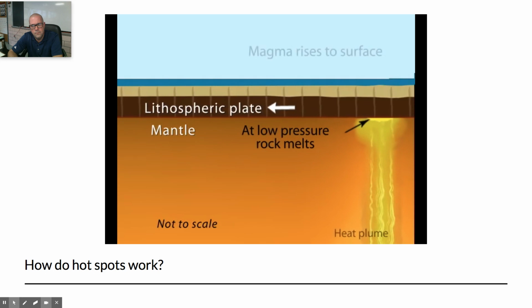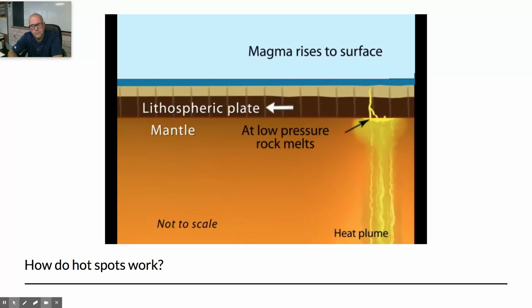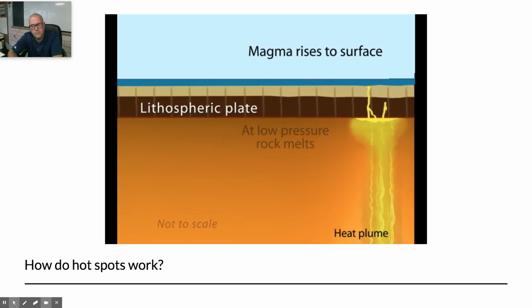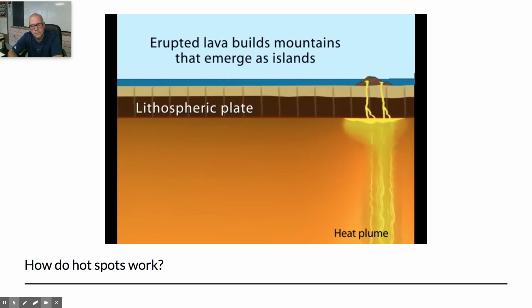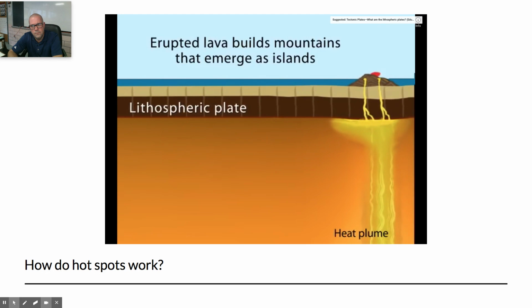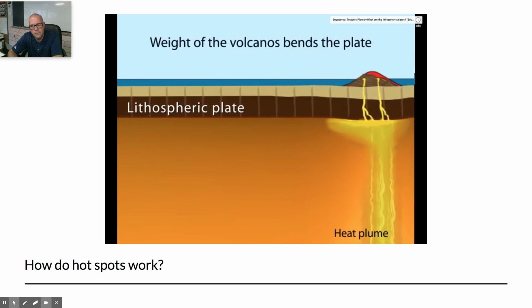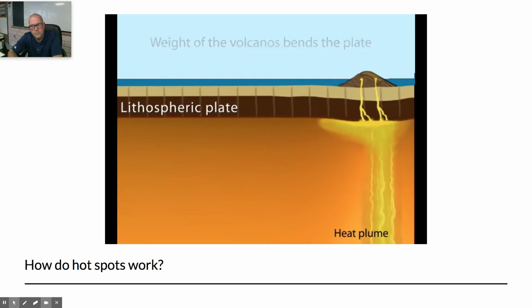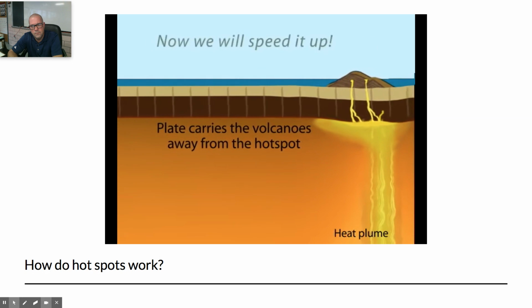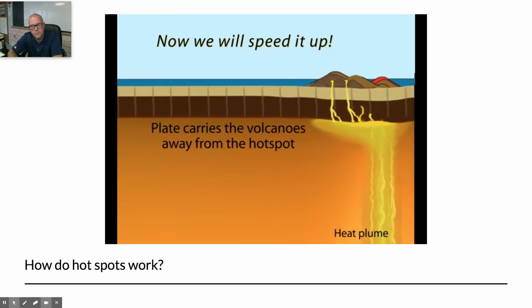The magma that forms at the base of this plate rises through the plate in a network of cracks and shallow chambers and erupts on the surface. Over hundreds of thousands of years, large volcanoes build on top of the plate. The weight of the volcanoes bends the plate downward. Volcanoes that spent their constructive life over the thermal plume slowly get rafted away on the moving plate, and new volcanoes build in their place.